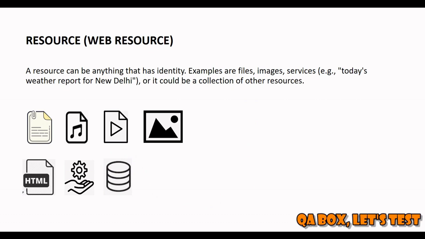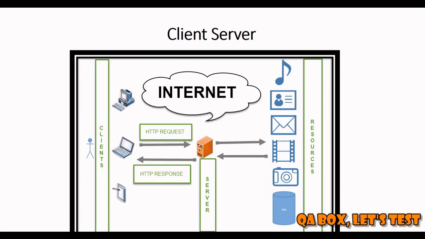Now that we understand what a resource is, what is client server architecture? How can we fetch a resource residing on another machine? These two machines are separated, but with the help of the internet, they are connected. So we have a client and a server, and the server has these resources.